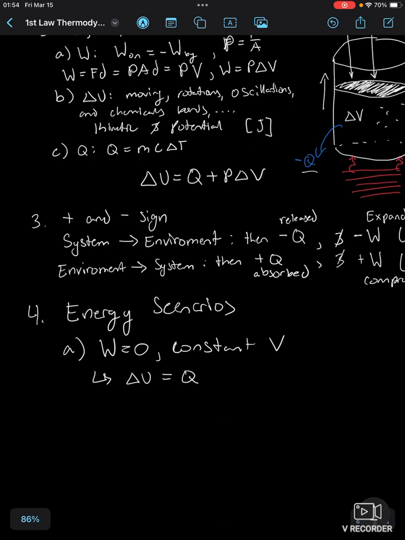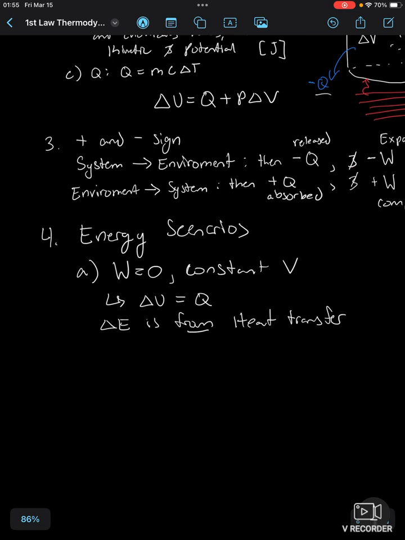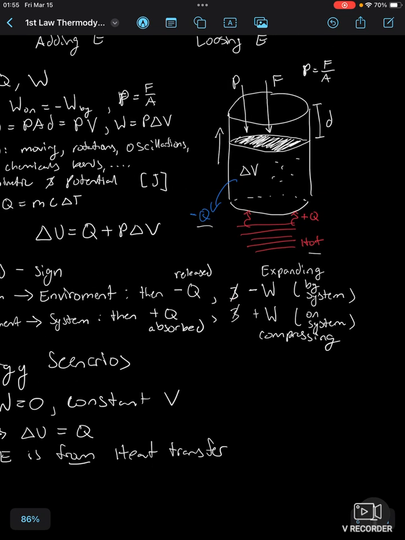But that would mean that any change of energy is from heat transfer. Okay? So it means all the energy that's changing in the system is from heat transfer. For example, if it was only this hot plate, volume was constant, and heat was being added into the system.